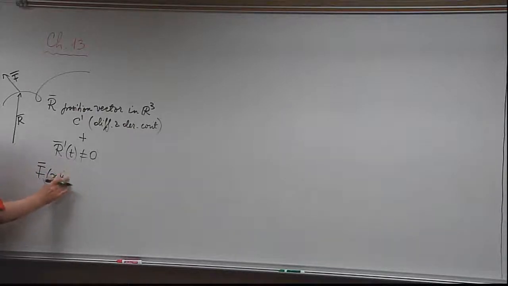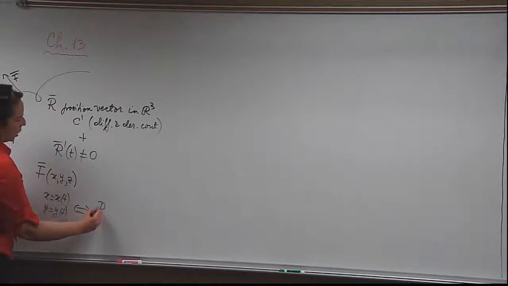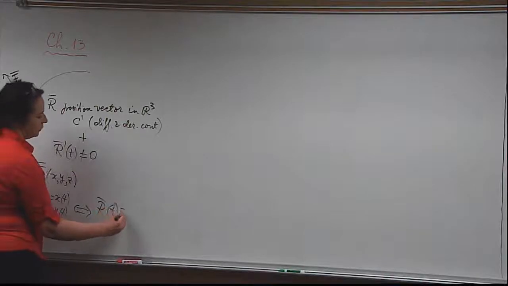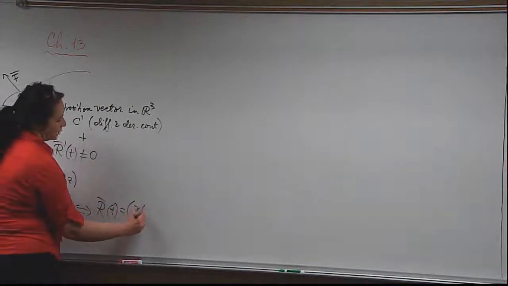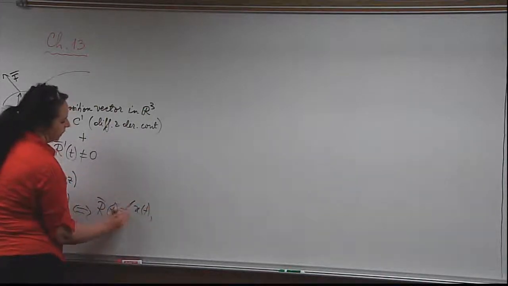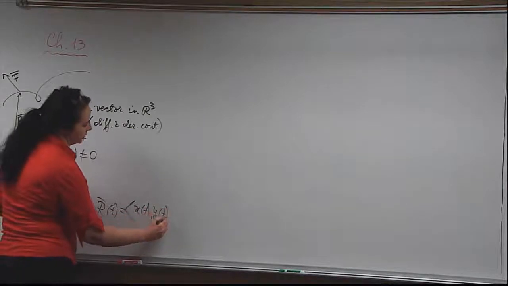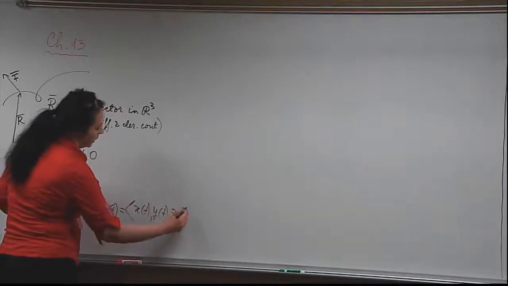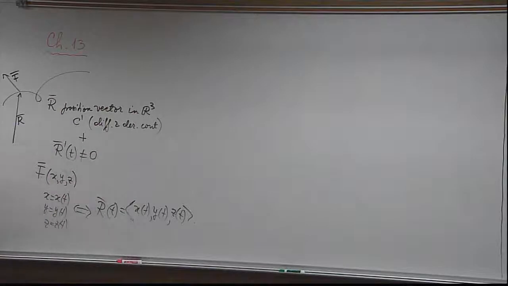Maybe if you are in space, let's talk about x, y, z, where x is a function of t, y is a function of t, z is a function of t, which is the same as saying that r of t, which is the given position vector, is x of t, y of t. Let me put angular brackets, although I hate them, because you like angular brackets for vectors.